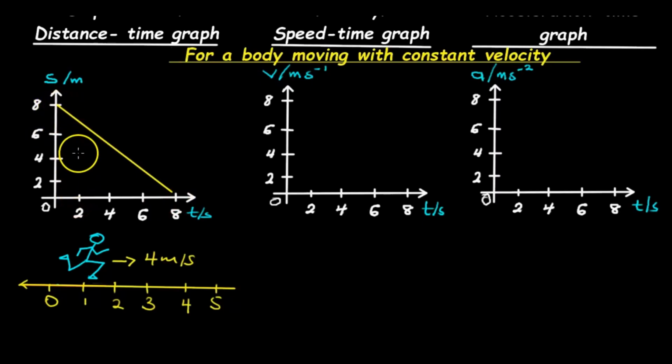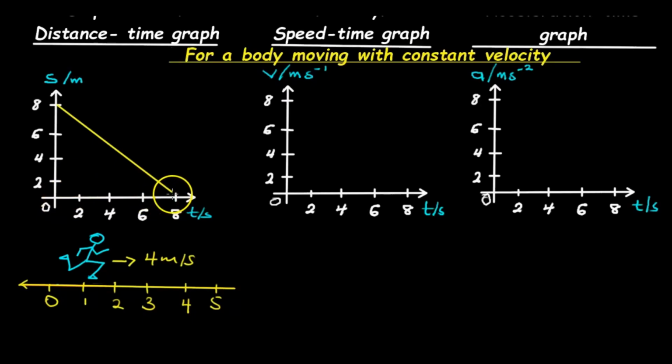At time 2 seconds, the object is probably at 6. As time gets to 4, the distance has reduced to, let's say, 5. At time 6, the distance is at, let's say, 3 or something like that. So you notice that as time increases, the distance also decreases. In this case, we can say that the object is returning to its original position.